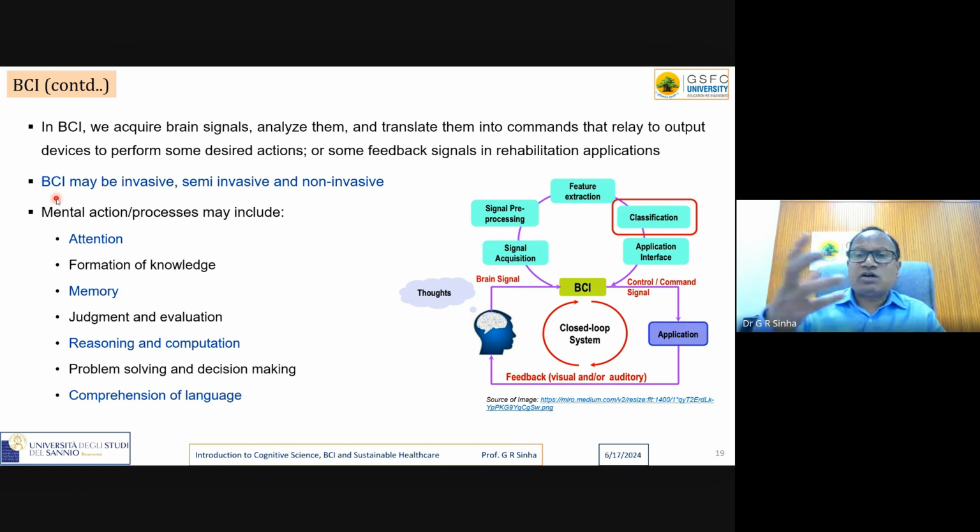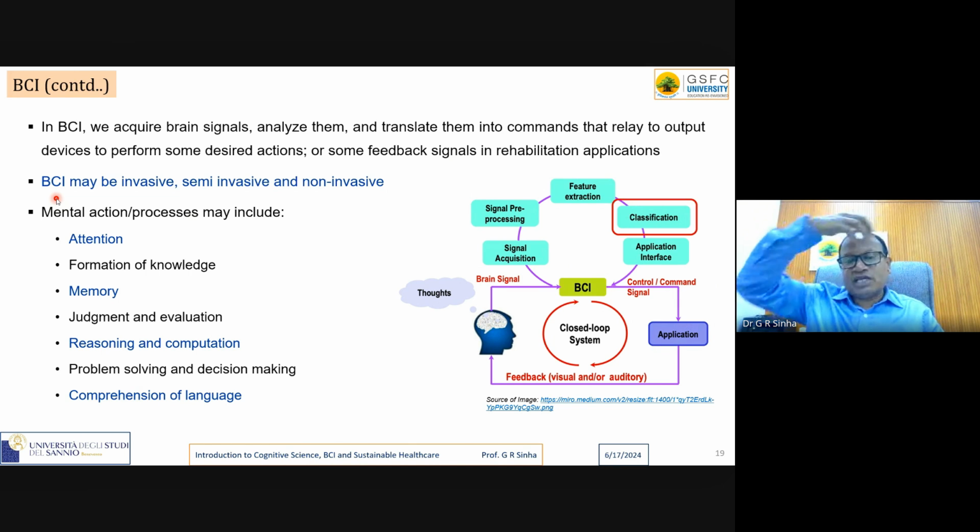The BCI, we are talking about brain computer interface again and again. BCI may be invasive, non-invasive, or semi-invasive. What do we understand by invasive? Our EEG, which is most popularly used, is non-invasive. Non-invasive means you do not harm the brain.